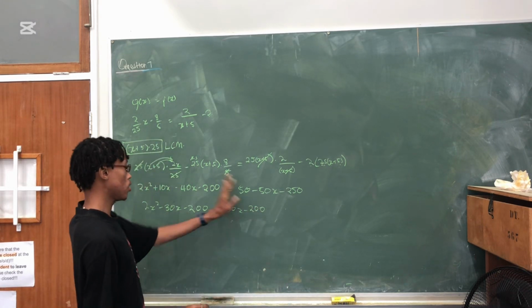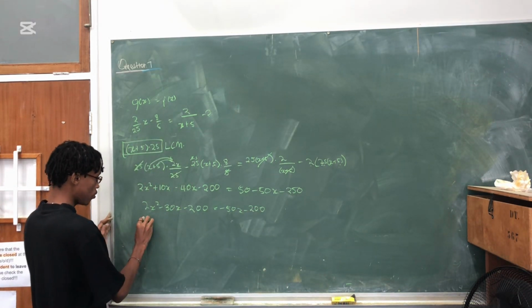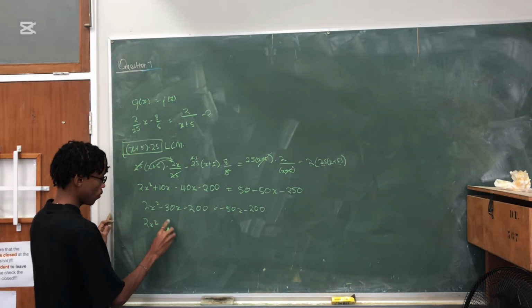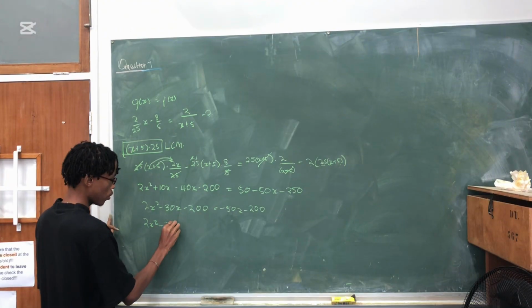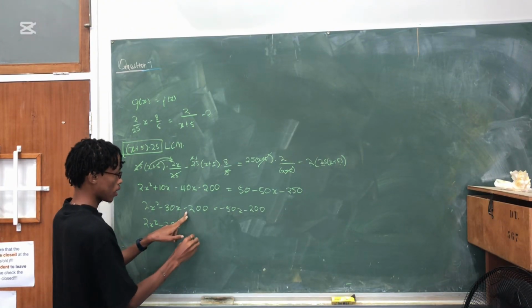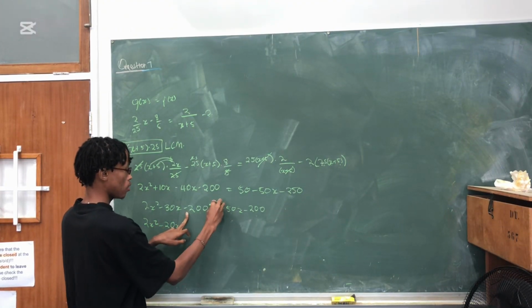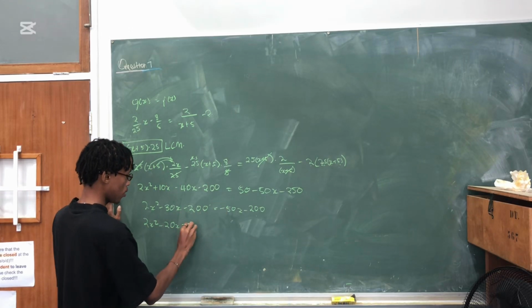We take all these to that side, we have 2x squared, -30 plus 50, that's going to be 20x, and then -200 plus 200, they're going to cancel out.